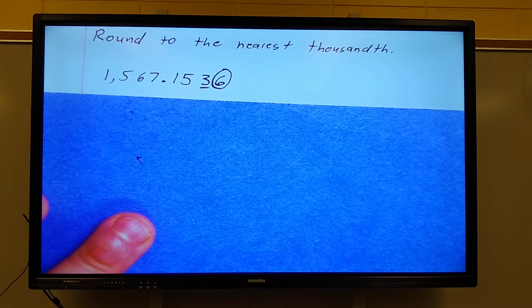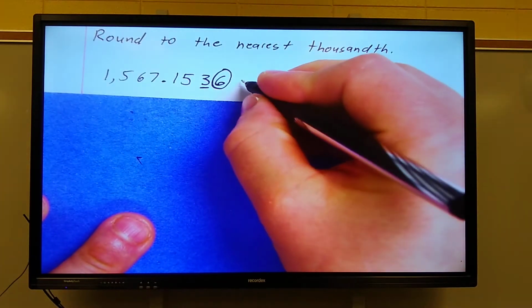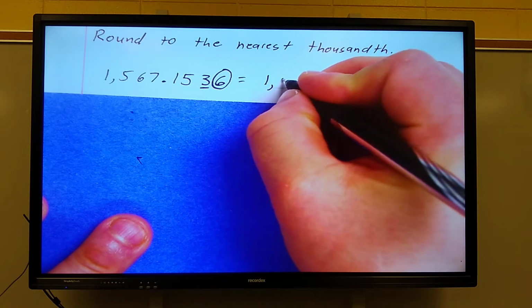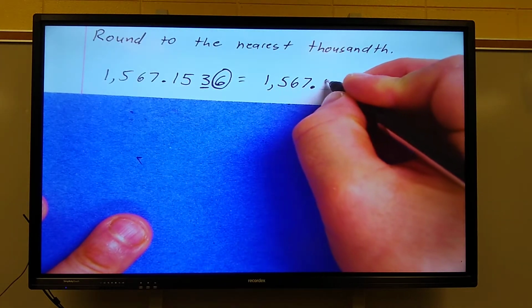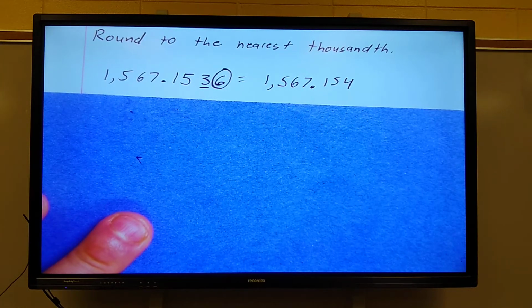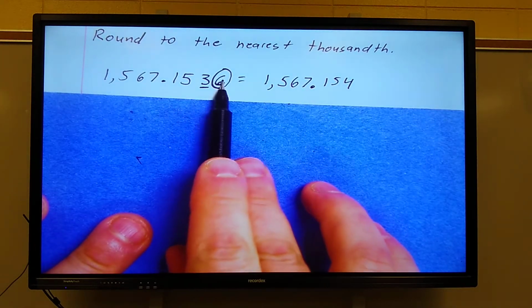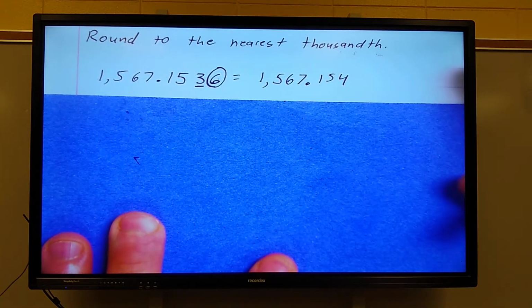That means the number would stay the same, but this 6 makes this 3 go up to a 4. My answer is 1,567 and 154 thousandths. This 10,000th place disappears because I'm rounding to the 1,000th place. You should have got all of those right.